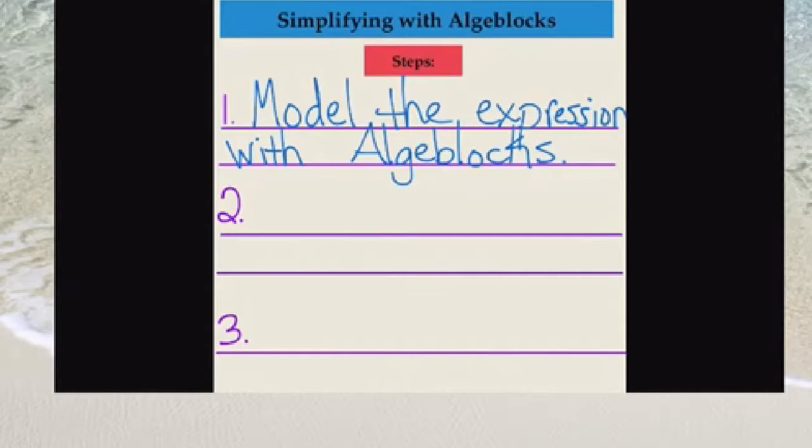Okay, the next thing that we're going to be doing after we model the expression with algebra blocks is combining like blocks, or in other words, like terms.